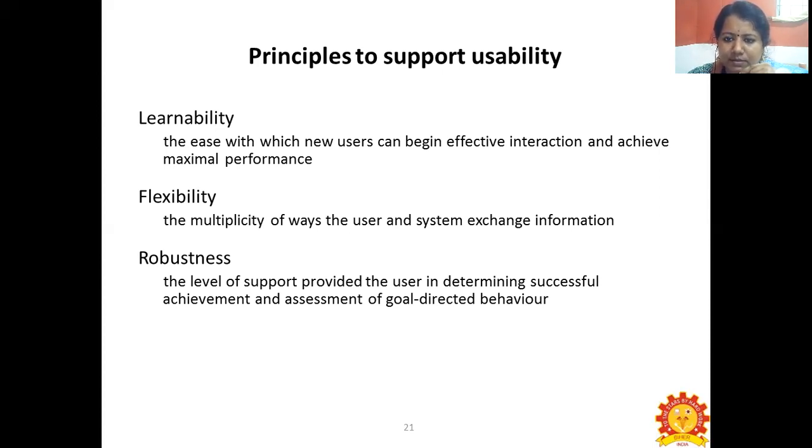Flexibility means the multiplicity of ways the user and the system exchange information. Robustness is the level of support provided to the user in determining successful achievement and assessment of goals. We are going to see each of these principles that support usability in detail.